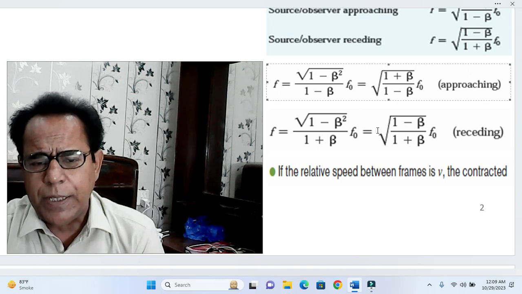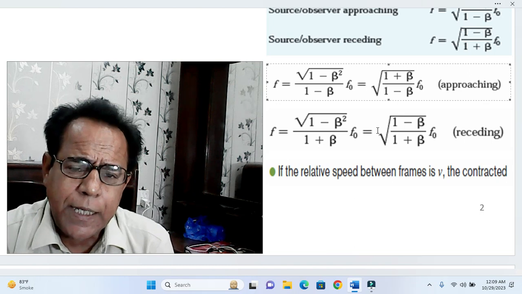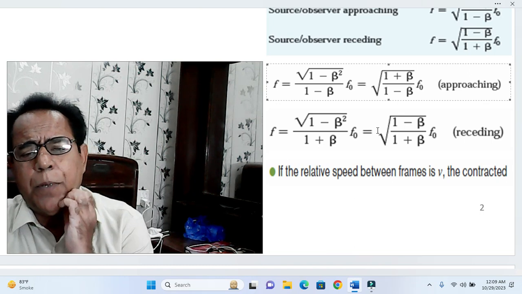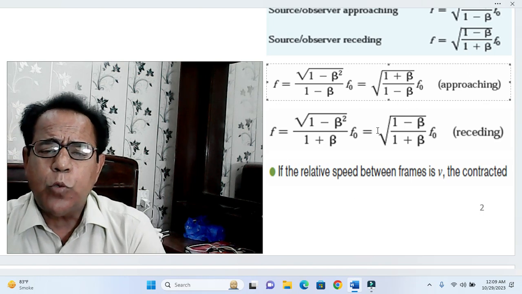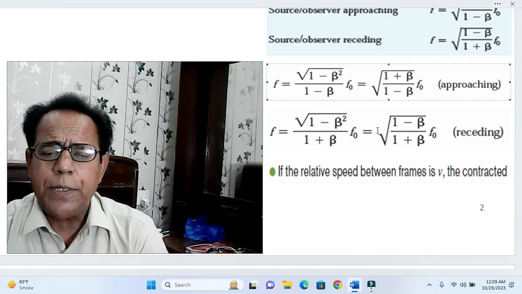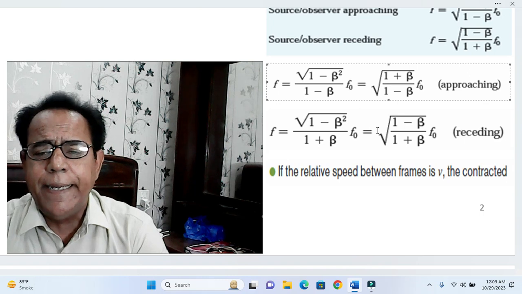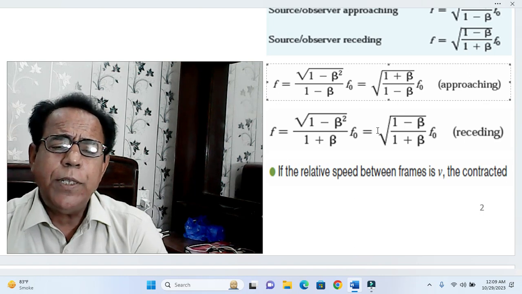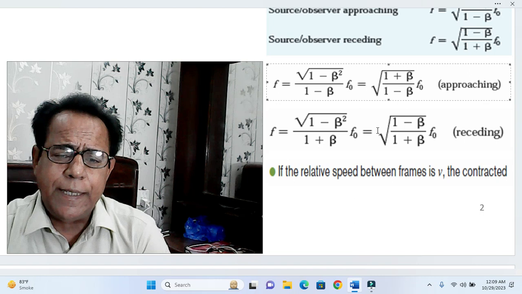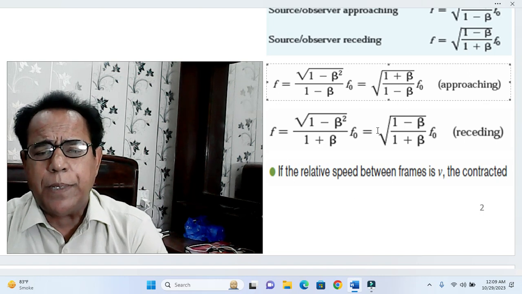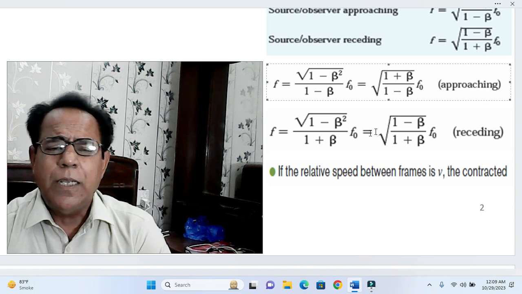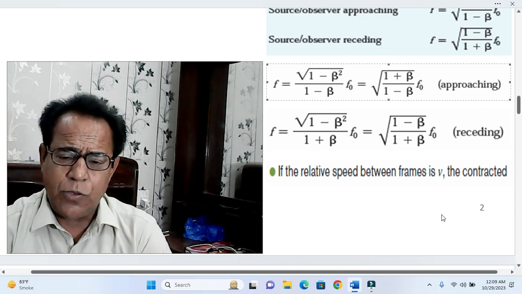Okay, approaching case, and f is equal to under root 1 minus beta square over 1 plus beta into f naught, alternatively becoming equal to under root 1 minus beta over 1 plus beta into f naught. This is a receding case. Okay, actually, dear students, a square minus b square is equal to a plus b into a minus b. Okay, basic formula of mathematics, and this formula has been used here.